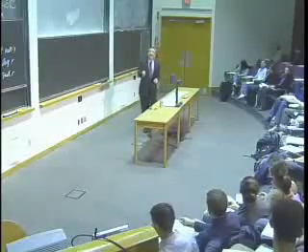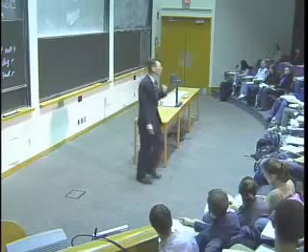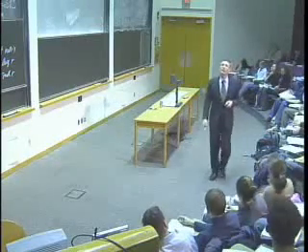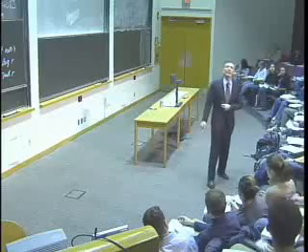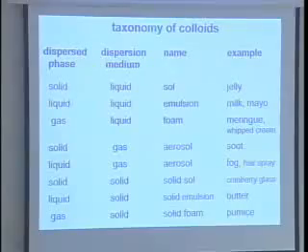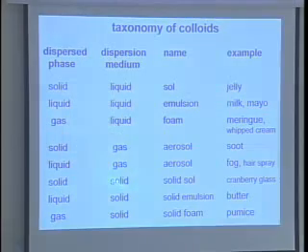And lastly, this colloid table, I want you to be aware of the definitions here. I'm not going to quiz you on this. I simply want you to have it so that at some point you might want to go back and refer to it. I'm not going to test your memory. But this breaks down the entire taxonomy of colloids, where we see that there's a difference between what happens in a liquid dispersive medium, a gas dispersive medium, and a solid dispersive medium.